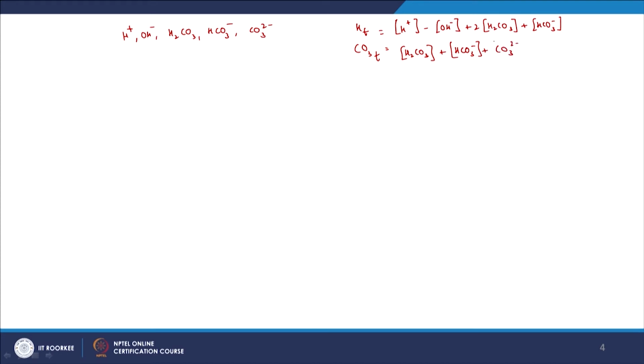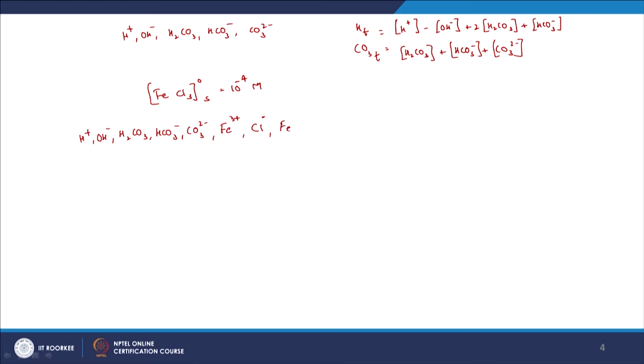This was the initial condition, but after adding FeCl3, the solid, right, at 10 power minus 4 molar concentration, what are the new species now? I know that it will still be H plus, OH minus, H2CO3, HCO3 minus, all the species present earlier certainly, and also the free metal, right, and also the salt Cl minus, and what else now?